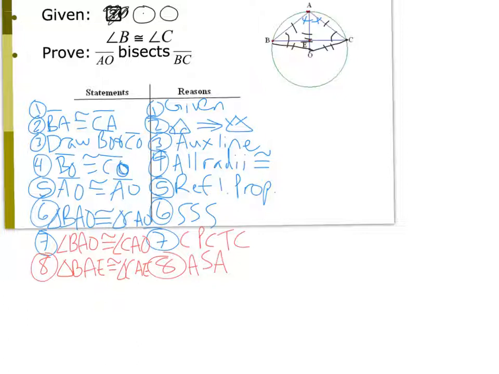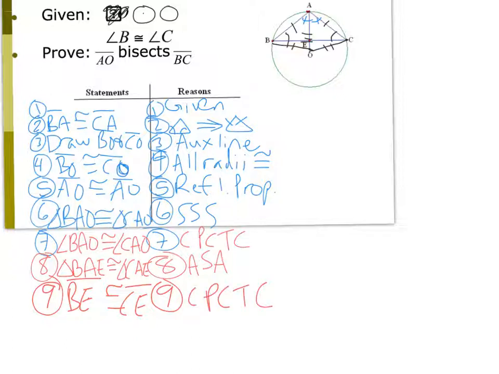Now, step 9. Let's see here. BE is congruent to CE. And that would be by CPCTC. So I've used a triangle to get a pair of angles to help me prove the triangles that I actually wanted to prove congruent so that I can prove those segments congruent.